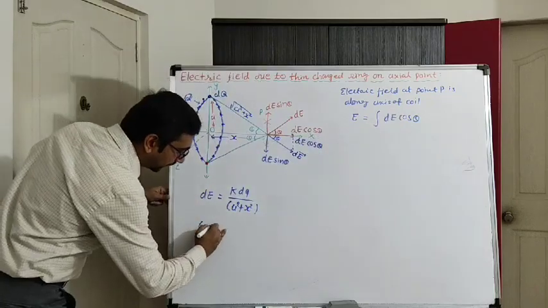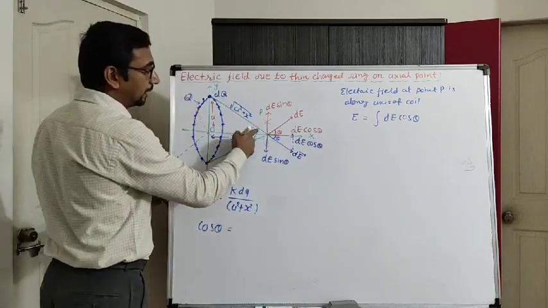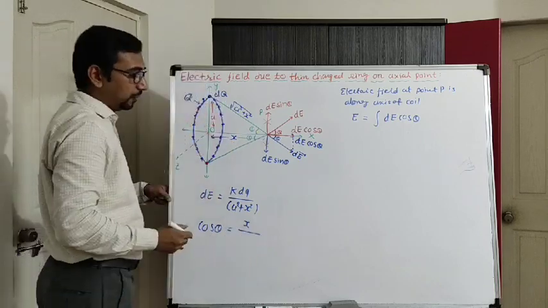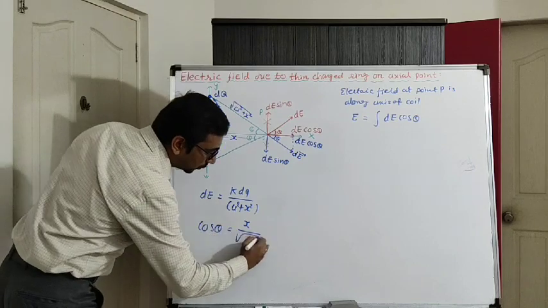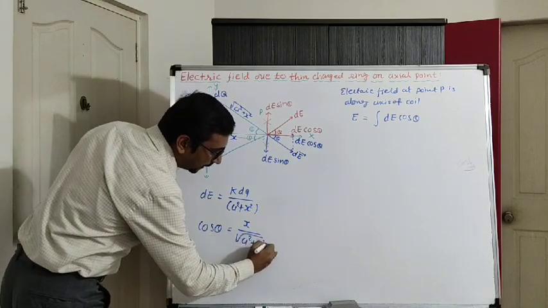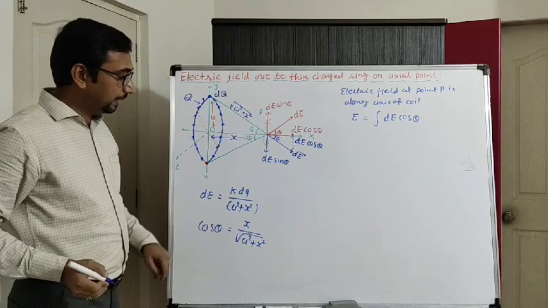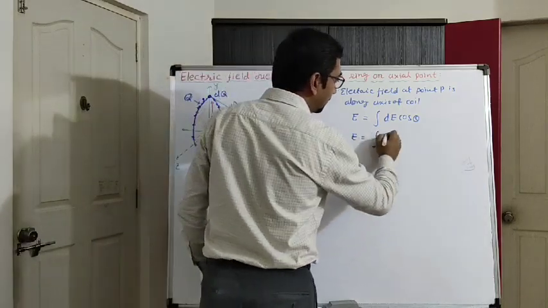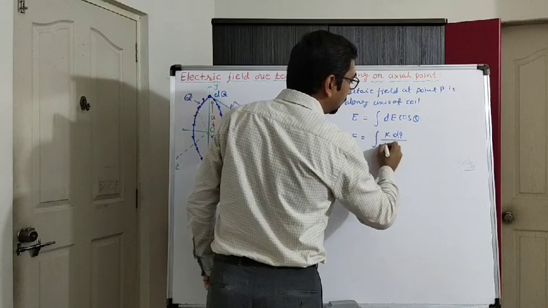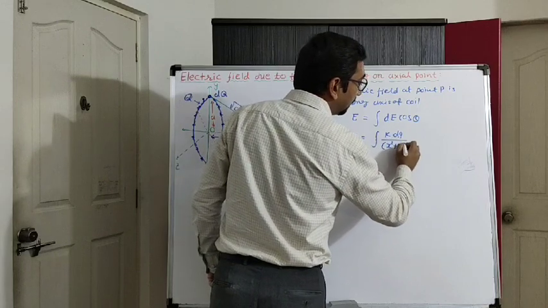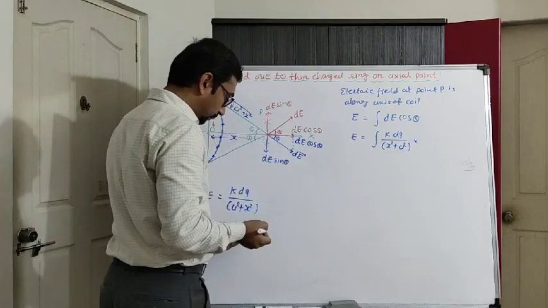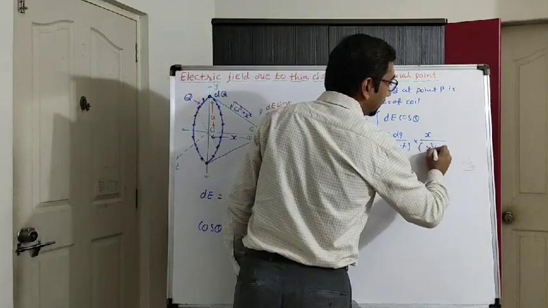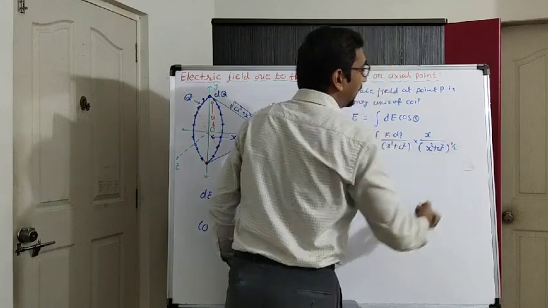So if we find out cos theta here, cos theta is equal to ratio of adjacent side, which is x upon hypotenuse, which is root of a square plus x square. So finally, if we put these values here, then dE is k into dq upon x square plus a square into cos theta is x upon x square plus a square to the power 1 by 2.